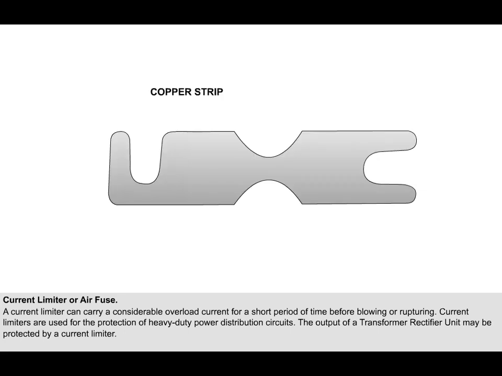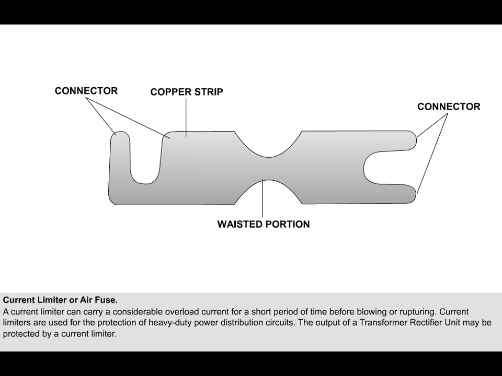A typical current limiter incorporates a fusible element, which is, in effect, a single strip of tinned copper, drilled and shaped at each end to form lug-type connectors, with the central portion wasted to the required width to form the fusing area.